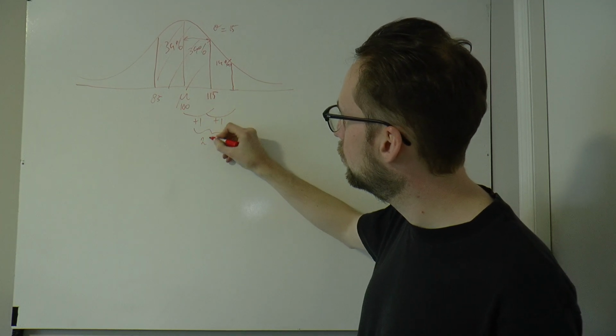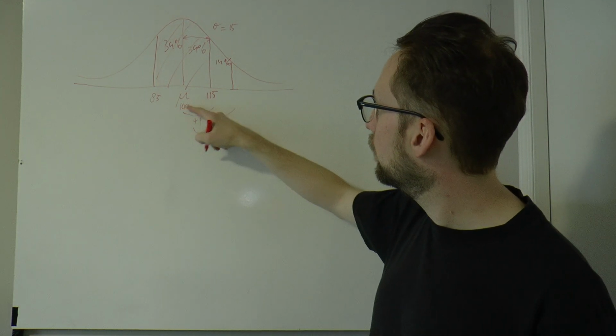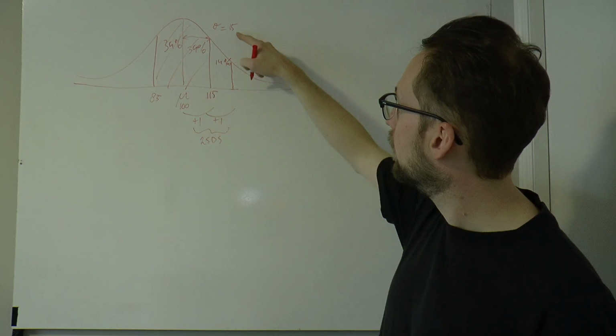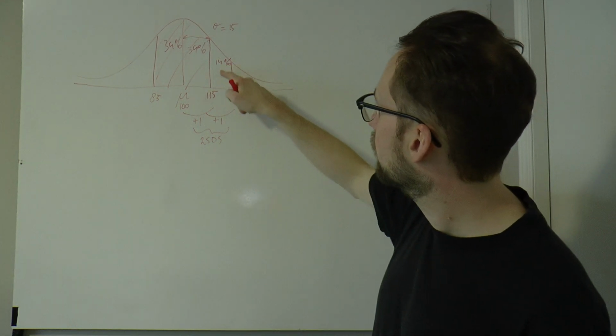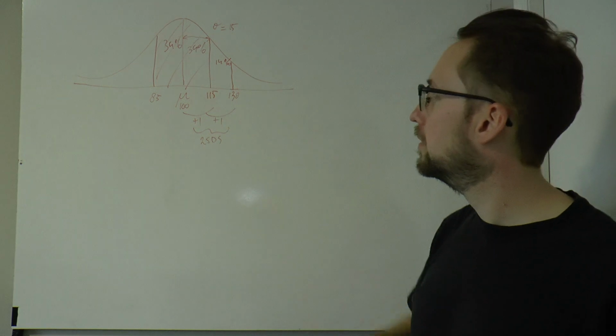Together that makes 2 standard deviations, SDs. 100 plus 15, 115 plus 15, 130. So, 14% has an IQ between 115 and 130.